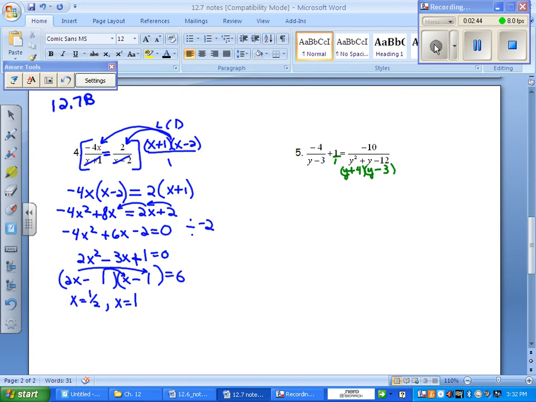Now looking at all of your denominators, the y minus 3, the 1, and the two quantities that follow, the least common denominator that you're going to multiply the whole equation by is going to be the quantity of y plus 4 and y minus 3 over 1.